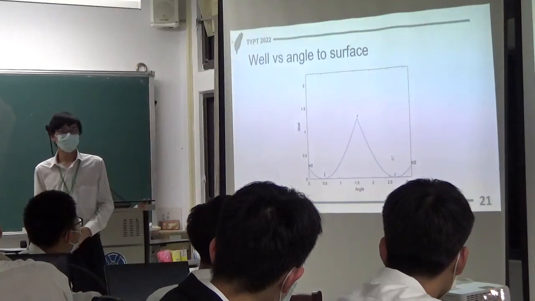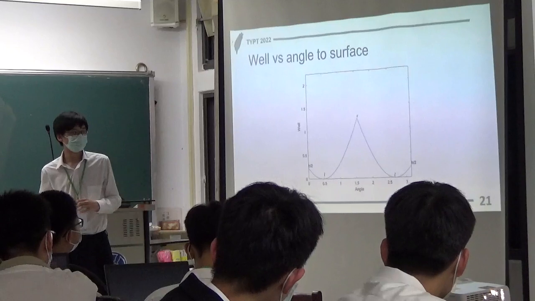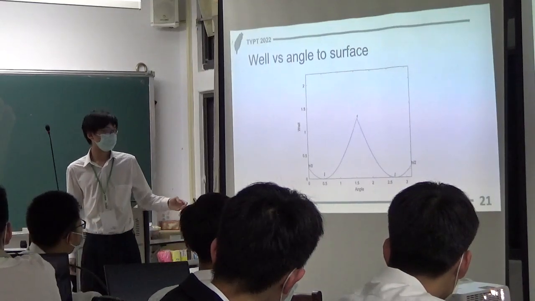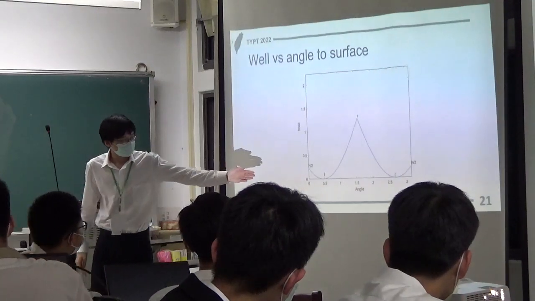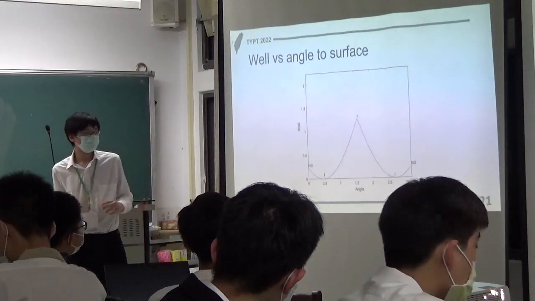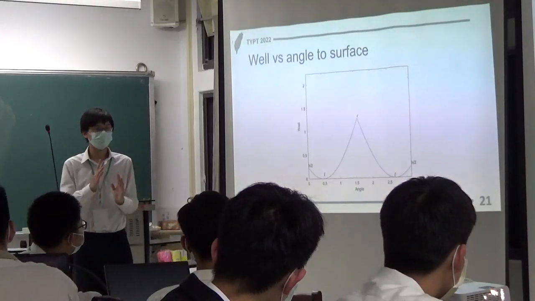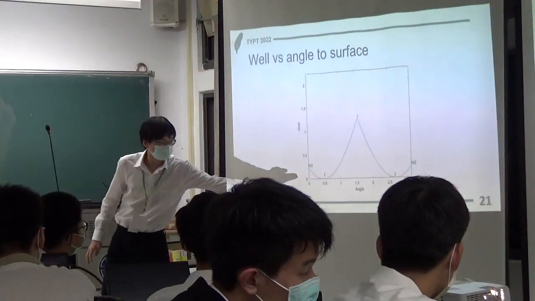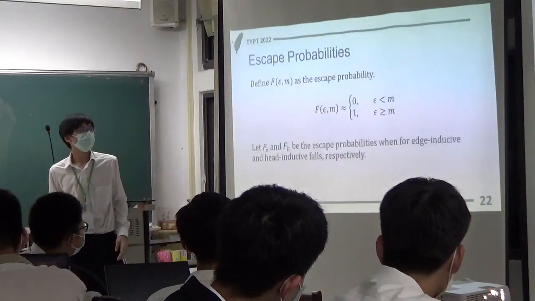So calculating this well, this is a graph of the well to the angle to the surface, right? So if the die were to land on its radius, right, it would be h over 2 above the ground. So it would have the maximum possible well to overcome. And if it were to land exactly on its diagonal, right, as shown over here, then it would have a well of 0 to overcome.